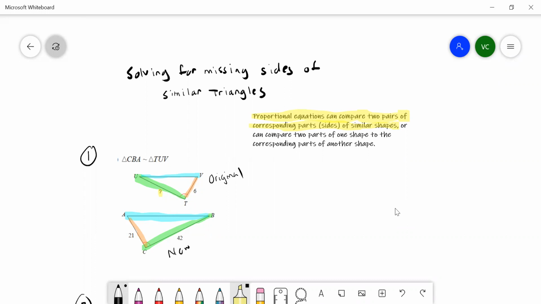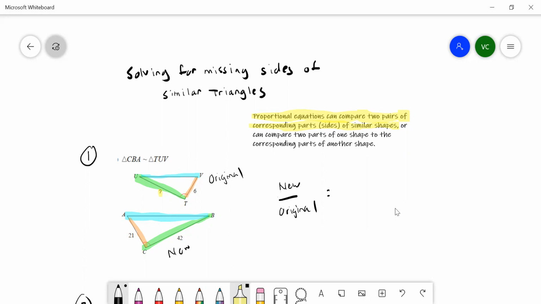Let's say that was our original and it got blown up to being the new one. So we're always going to do new over original. When it says we compare two pairs of corresponding sides of similar shapes, it means I'm going to take something from the new and compare it to the original.